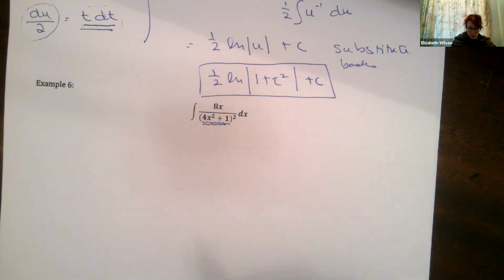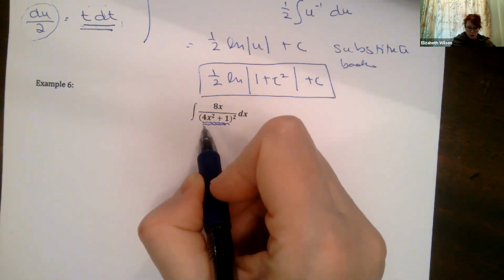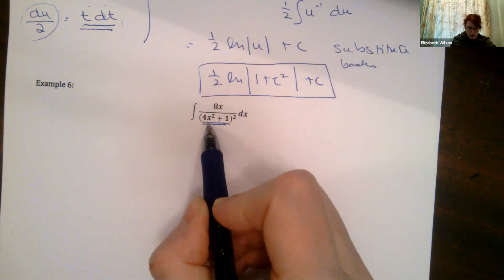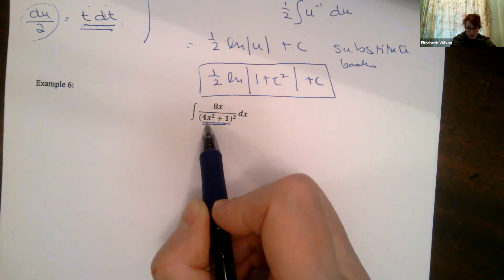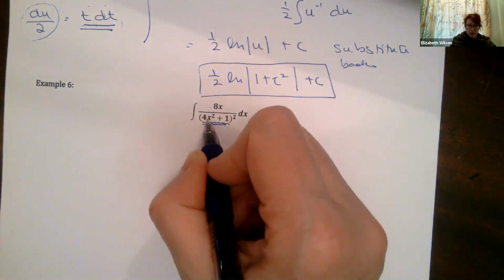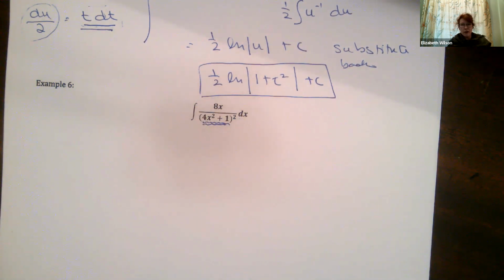Another clue to look at is, remember, when you do substitution, you're going to be taking the derivative of the function that you're choosing to be your u. If I have x squared, the derivative of x squared is x, I mean, it's 2x, but in its most functional form, it's x.